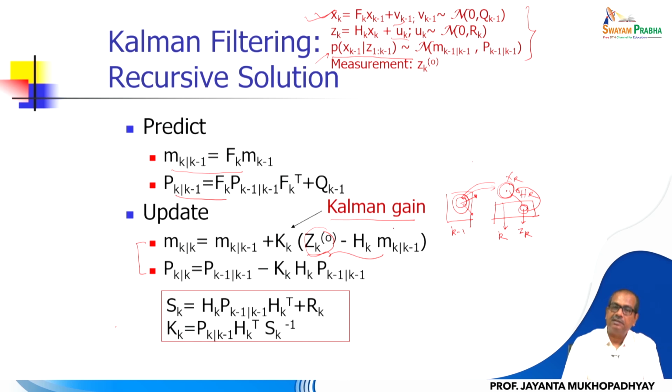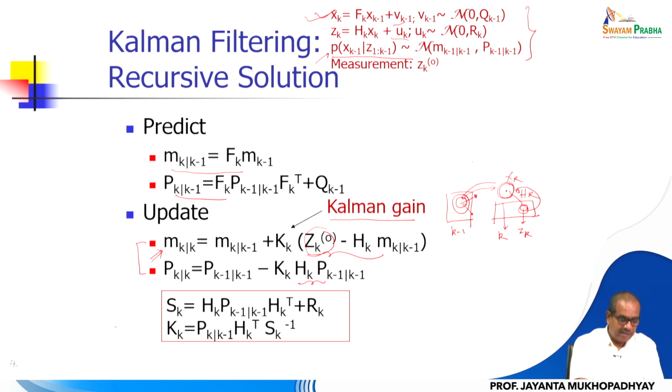So what is the difference? If I project the predicted one, then there is a difference. If I multiply with the gain, that will give me the mean, and similarly this gain is also used for modifying the covariance matrix in this way. So, these computations we discussed in the last lecture.